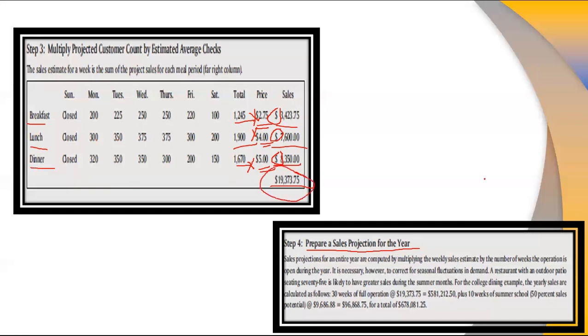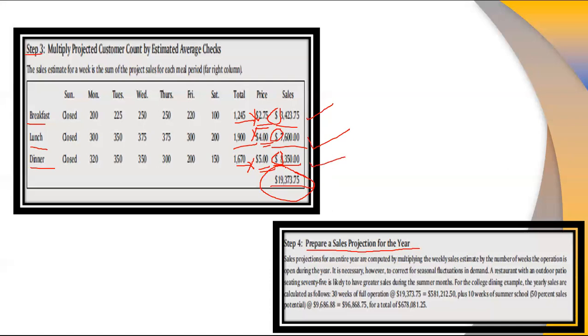So again, let's go back to step 3. For the sales per week, do not forget to include the meals per day because it differs from every meal period. So we have the sales for breakfast in a week, sales for lunch in a week, and sales for dinner in a week.